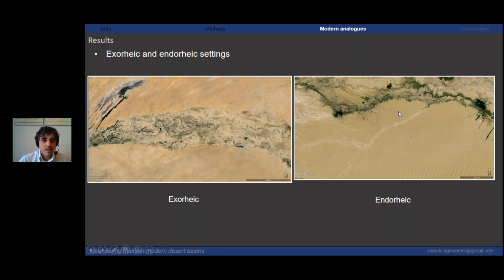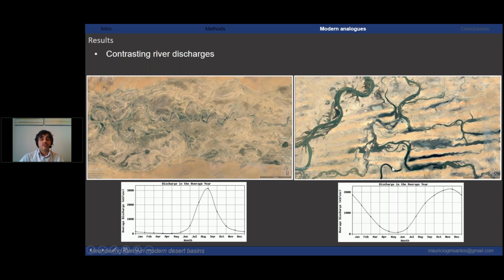We have the multi-channel Senegal River here. It's an exorheic basin, and here in the Tarim Basin we have an endorheic basin. We have contrasting river discharges, yet the development of meandering systems, or some of these are more like wandering, but these are meandering systems.